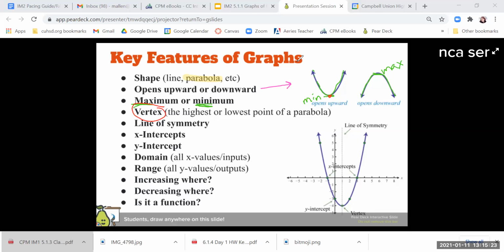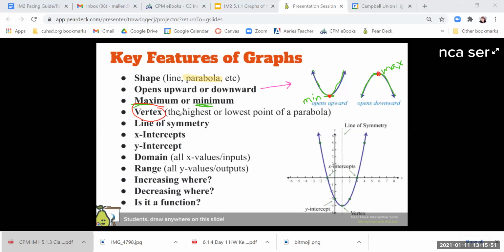The vertex of a parabola is always that key point, that maximum or minimum point, the highest or lowest point. It also happens to be the exact pivot point where we change from going uphill to downhill or downhill to uphill. It's that point where we have symmetrical sides on either side.